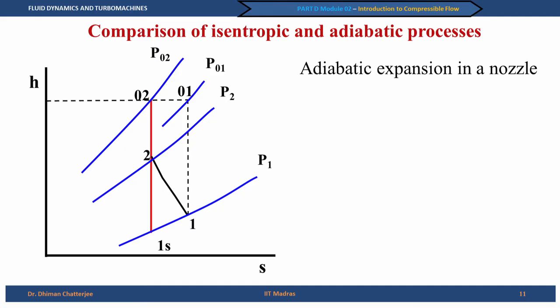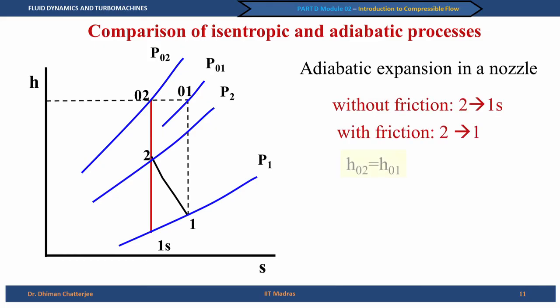So, we have given it the number 2, and number 1 is given to the nozzle exit. 1s, to remind you, is nothing but the ideal or isentropic expansion in the nozzle. 02 corresponds to the stagnation state, 01 corresponds to the stagnation state corresponding to nozzle exit. So, we know that h02 equals h01, we have got it from the first law of thermodynamics.